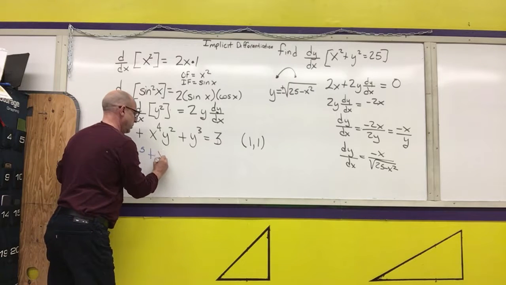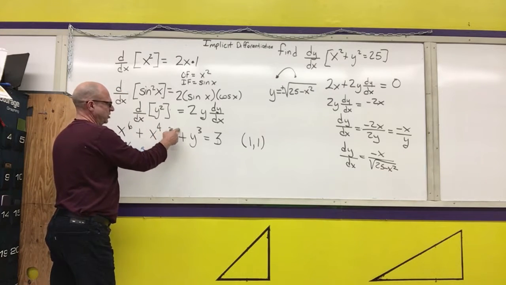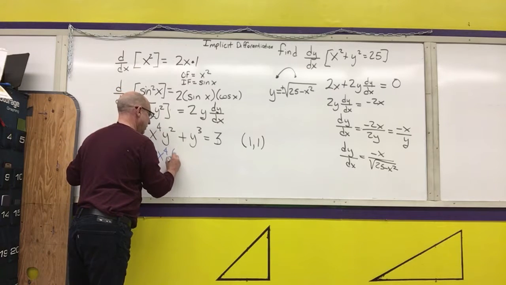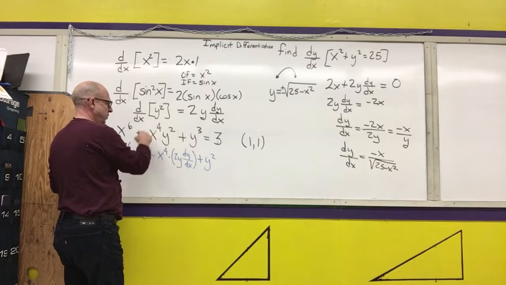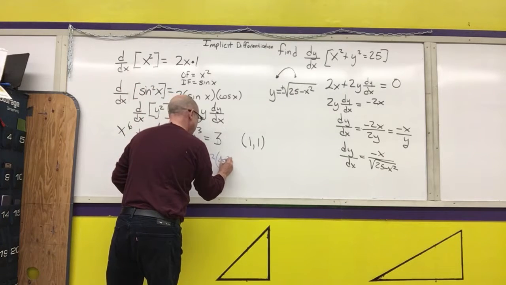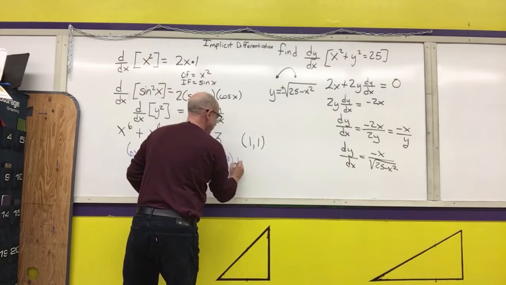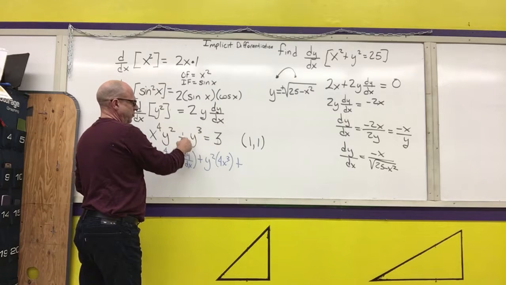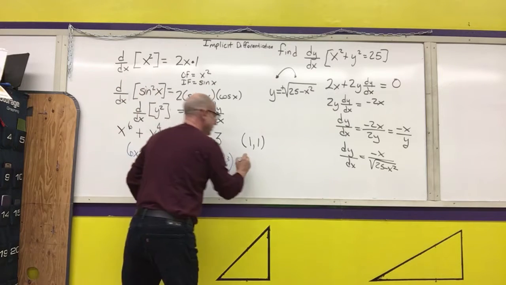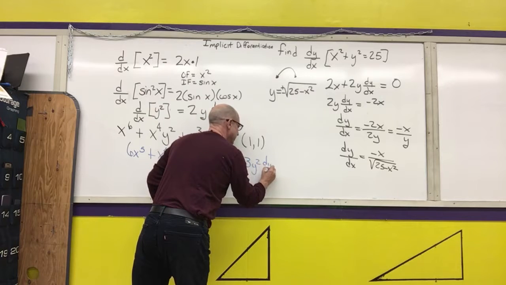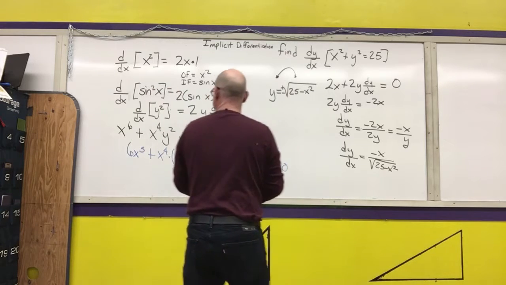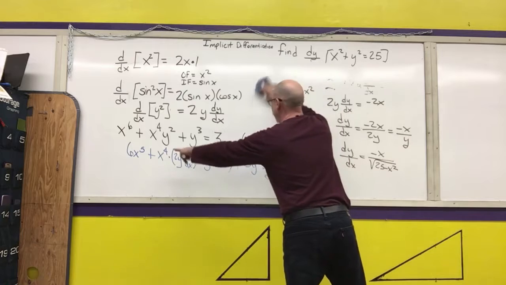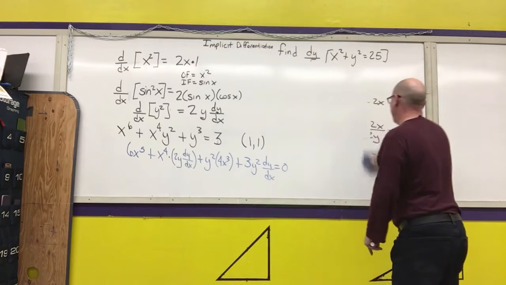It's the first function times the derivative of the second, which is 2y dy/dx, plus the second function times the derivative of the first, which would be 4x cubed, plus the derivative of y cubed, which would be 3y squared dy/dx, and the derivative of 3 is 0.